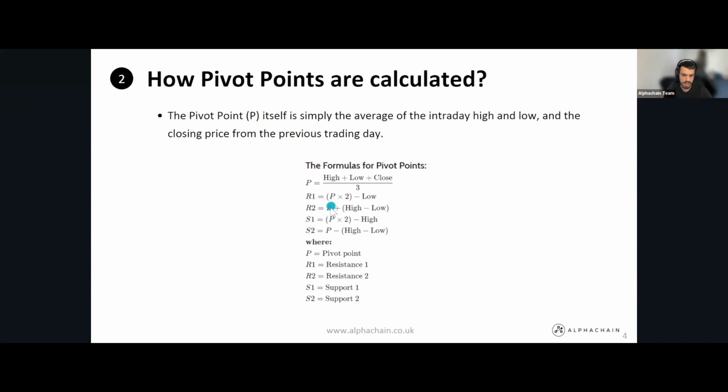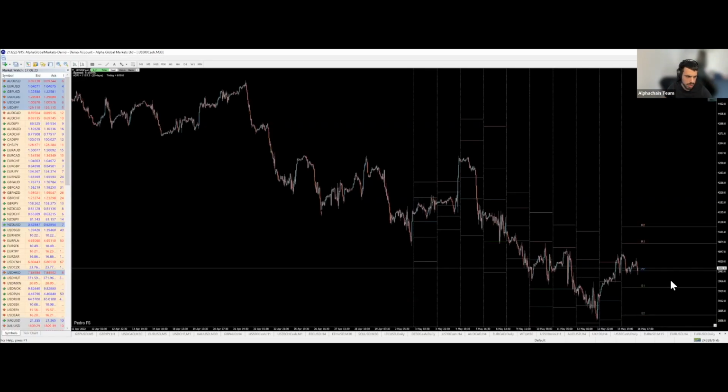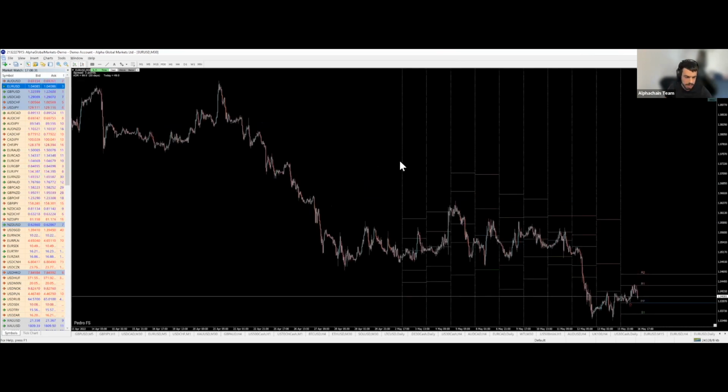And then R2 and S2 are basically just the difference between R1 and S1, which you measure from the pivot point level, and you add it above or below. So let me show you an example of how to get to those levels. We don't really need to know how to draw them or calculate them every day, but just to have an idea.